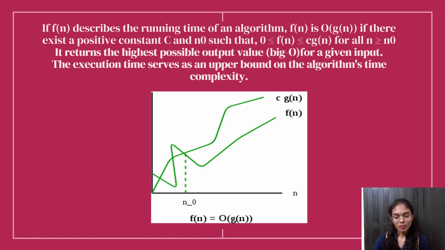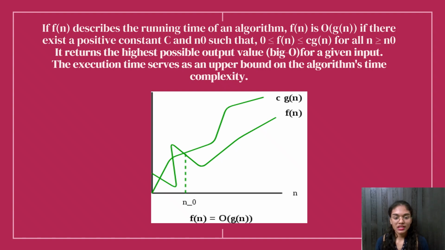In this diagram we can also see that if f of n describes the running time of an algorithm, f of n is O of g of n if there exists a positive constant c and n naught such that 0 is less than or equal to f of n, less than or equal to c g of n for all n greater than or equal to n naught, and it returns the highest possible output value, big O, for a given input.